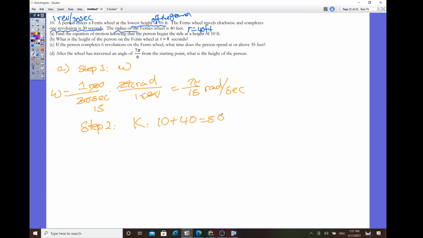So it's 50. And then using the same kind of model, y equals negative a cosine of wt plus k. So that would be negative 40 cosine of pi over 15 t, and then plus k, which would be plus 50, the distance from the center of the Ferris wheel all the way to the ground. So this one's for A.